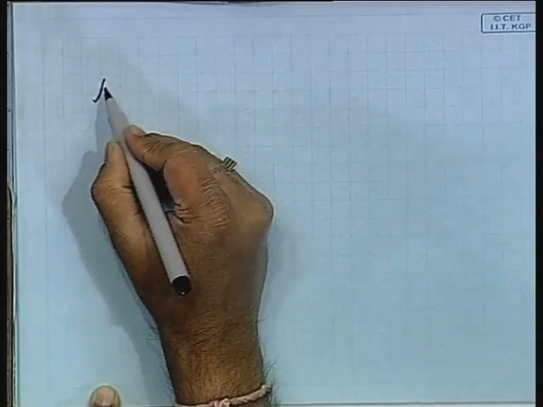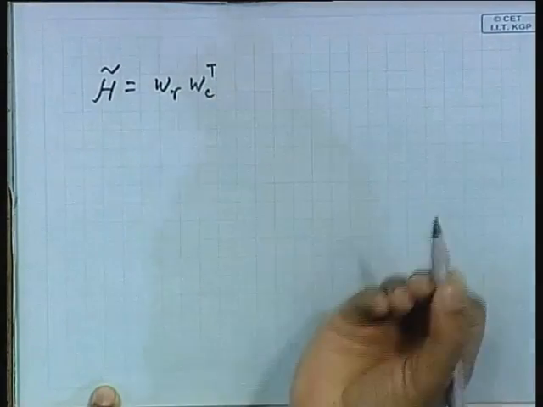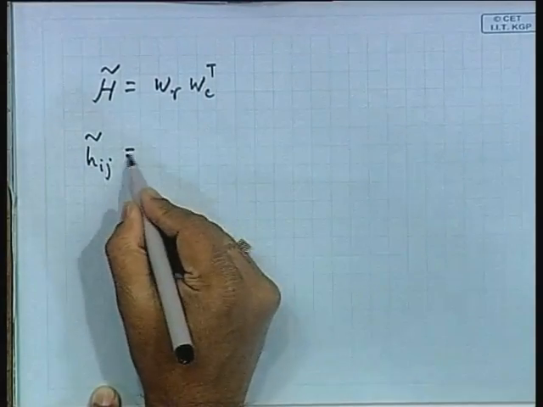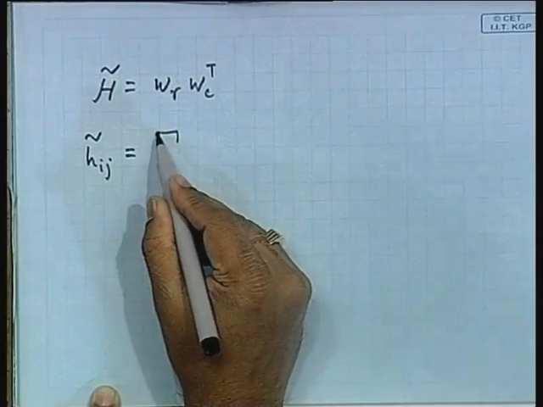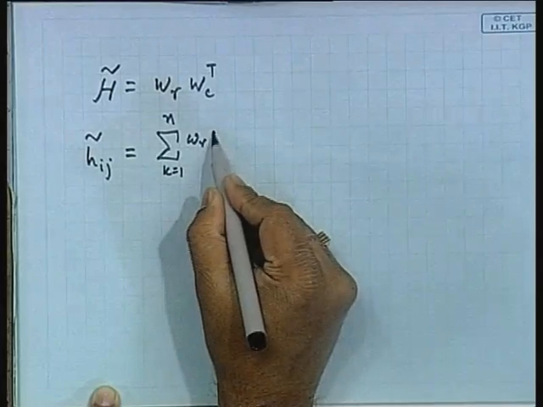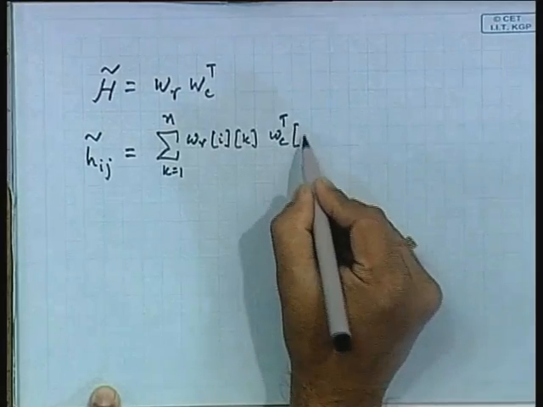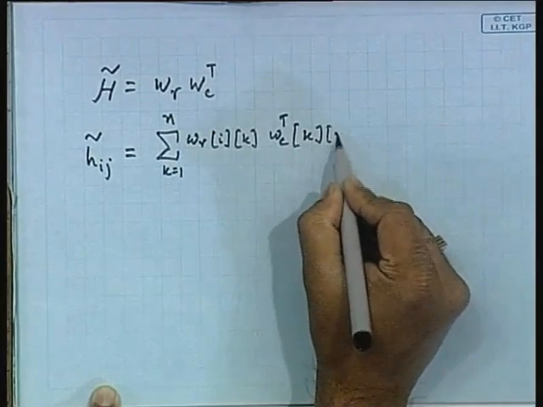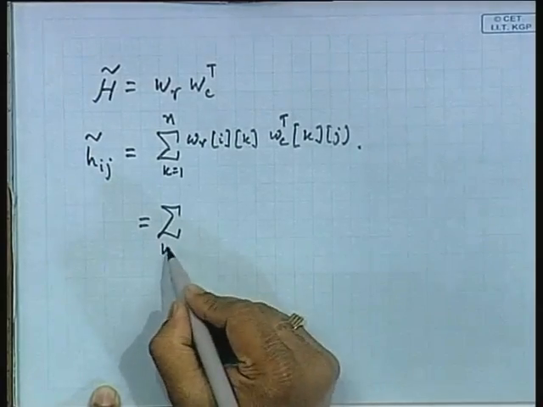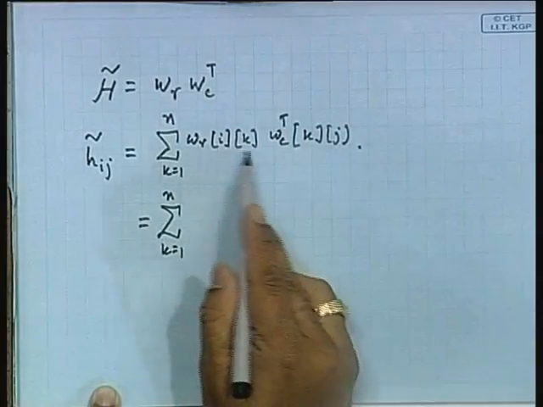So let's prove it for the hub. Right. So H_ij, what is this?